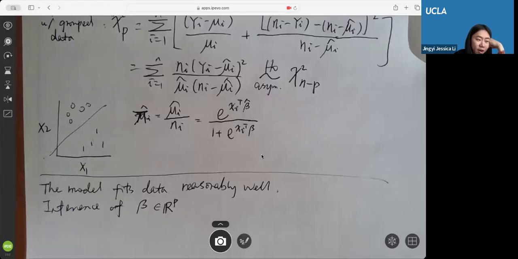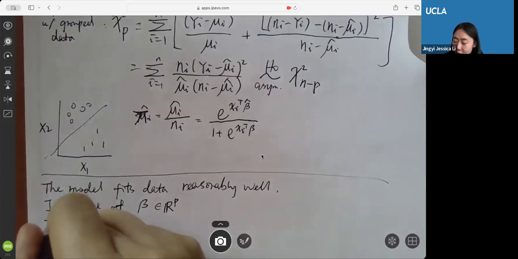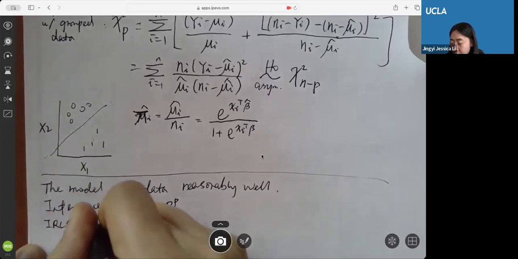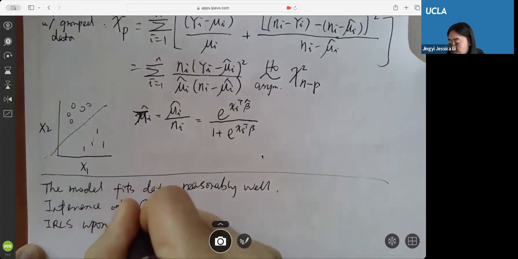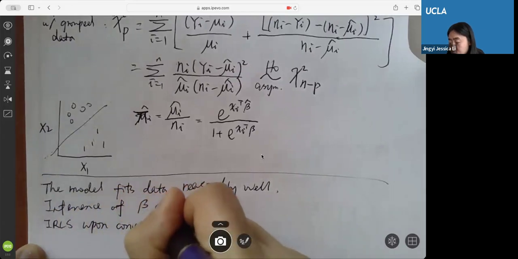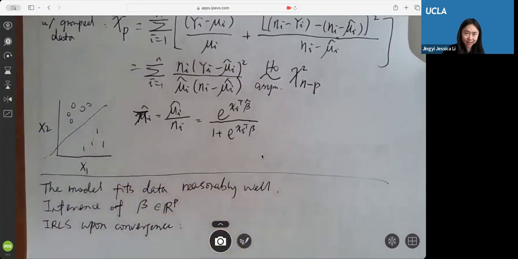So now the IRLS will be used. Suppose that we have the convergence. So from the IRLS, upon convergence, everything stabilized, including the W matrix, including your working dependent variable. So both the W and Z will not change.